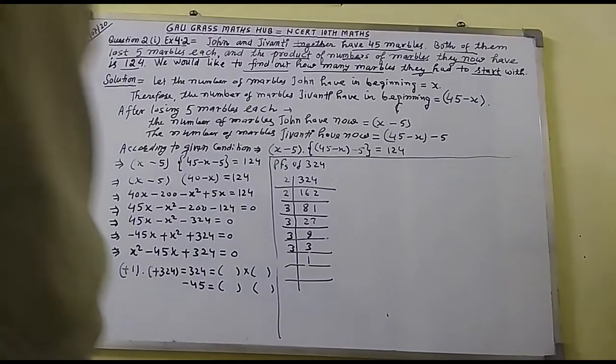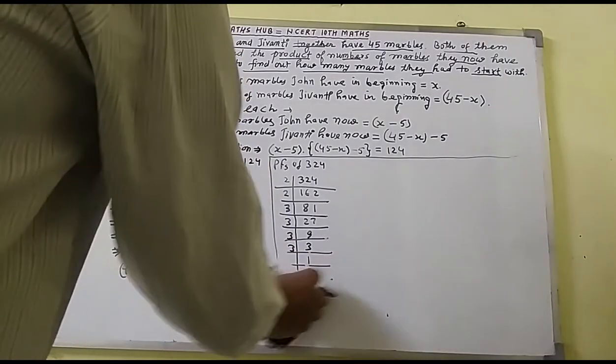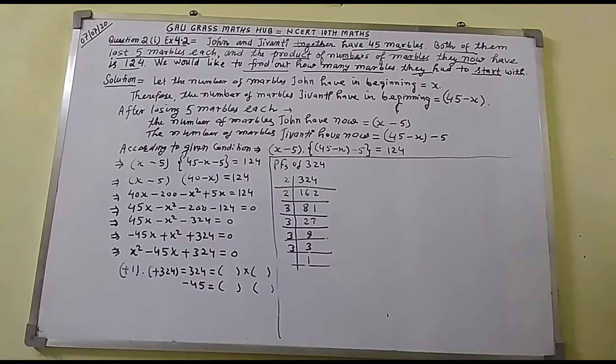So now the PFs you can see are 2 into 2 into 3 into 3 into 3 into 3. These are the PFs of 324.